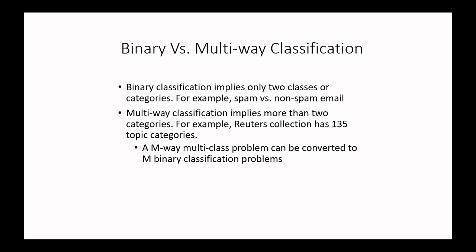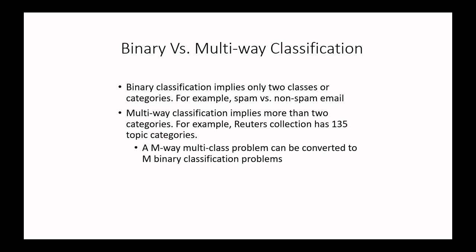Those are what we call multi-way classifiers. People generally talk about only 2-class or binary classifiers for theoretical explanations, with the reason that any multi-class problem can be solved using a collection of binary classifiers.